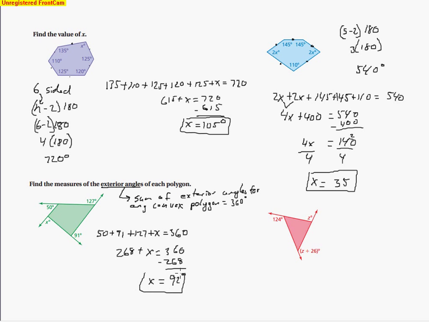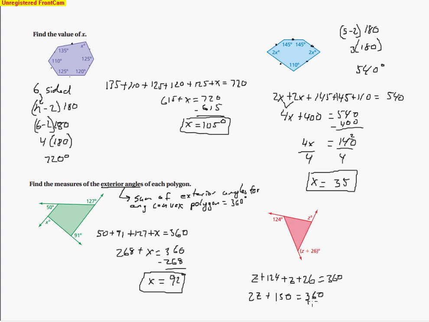So on the next problem, same sort of thing. It doesn't matter whether it is a triangle or a quadrilateral or a pentagon. You just add up the angles. So in this case we have z plus 124 plus z plus 26 equals 360. So we end up with 2z plus 150 equals 360.